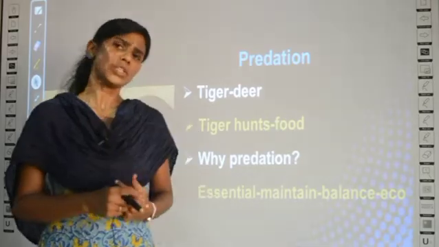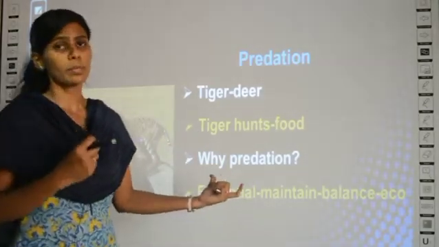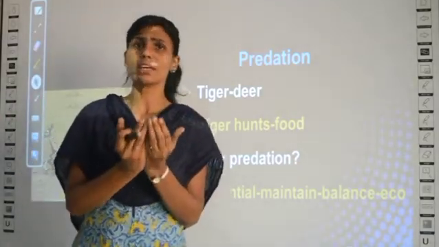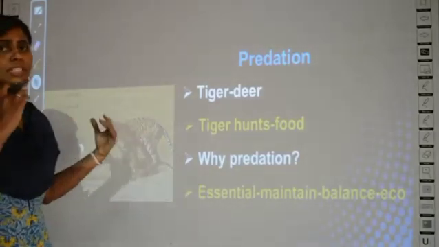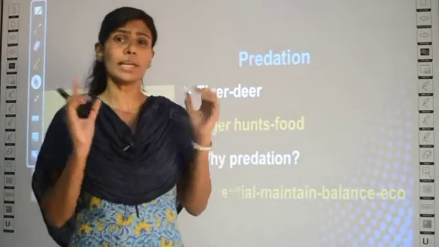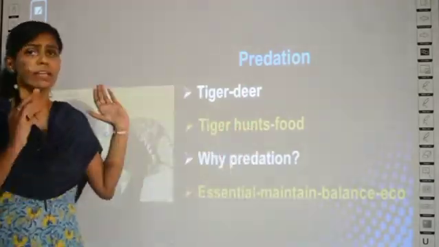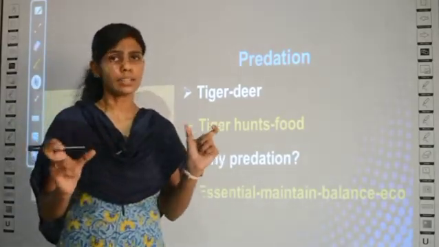Okay, why is predation necessary? Why is it essential in this environment or world? Suppose there are no predators at all, say for example, no tigers at all, the number of deer will increase so much that the world will be fully covered with deer, right? Only if there are predators, the number of deer will be checked, which means there will be a balance in the ecosystem.